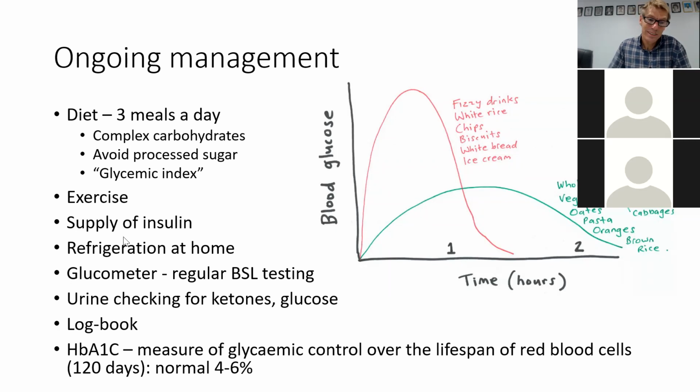You've got to think about how to get a supply of insulin at home. That's often a challenge. Families always need to have a refrigerator because you have to keep the insulin in the refrigerator. They need a glucometer so that they can do regular blood sugar testing. And I always have some urine dipsticks for the patients so that they can check their urine for ketones and glucose.